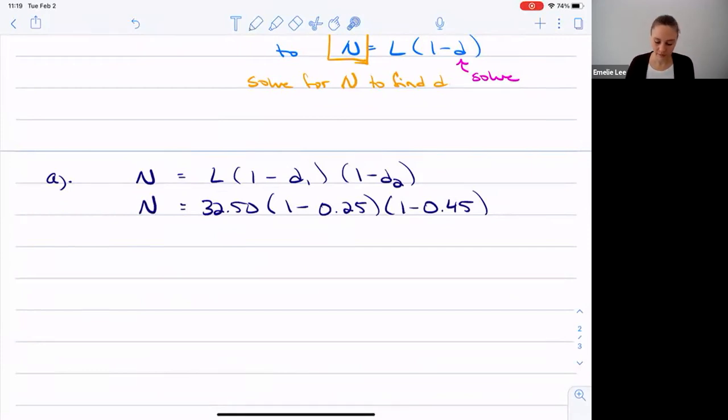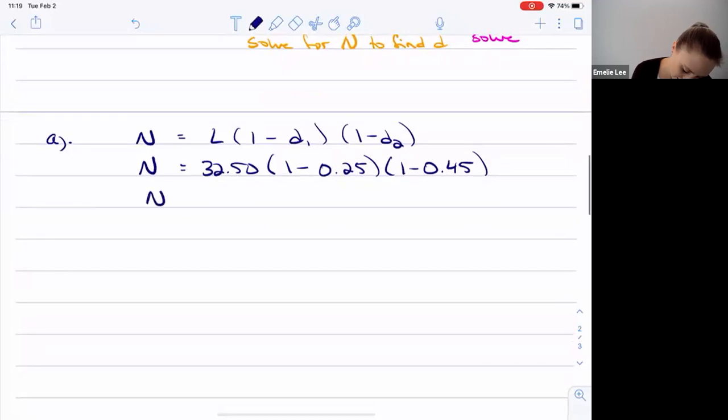Now, BEDMAS says that I need to simplify inside my brackets before I can multiply this out, right? And so usually what I do is I simplify each of these brackets before I move on. Okay, so what I get is n is equal to 32.50 times 0.75.